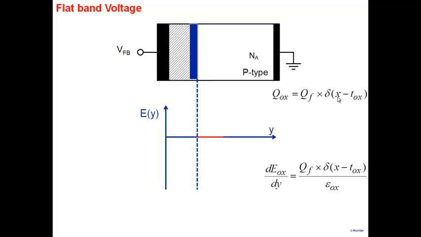So the whole thing is charge per unit volume divided by epsilon oxide. So if I integrate it, what will I get? I will get a value of E oxide here, equal to minus QF by epsilon oxide. Is that correct?